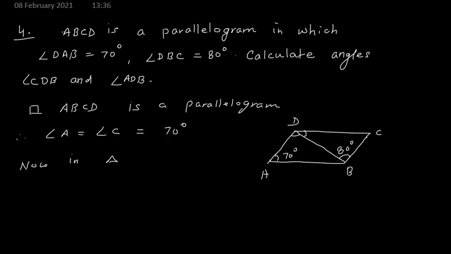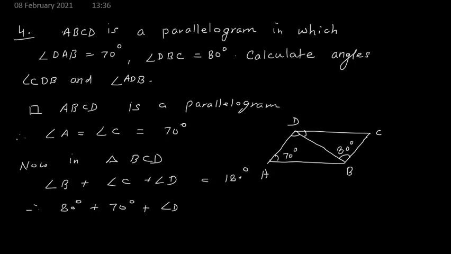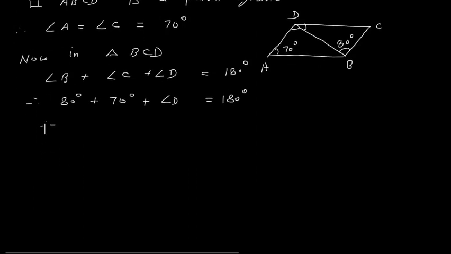Now, in triangle BCD, angle B plus angle C plus angle D. The sum of the three angles of a triangle is 180 degrees. Therefore angle B, which is 80 degrees, plus angle C, which is 70 degrees, plus angle D is 180 degrees. So 70 plus 80 is 150.